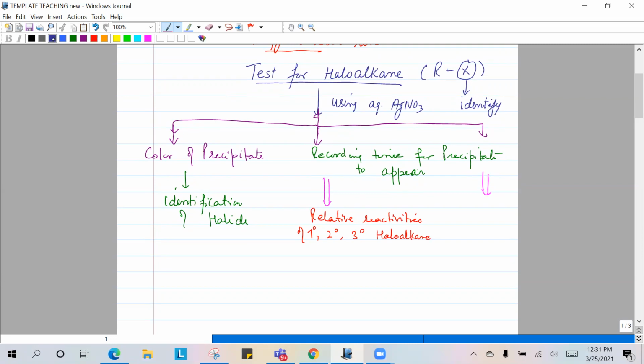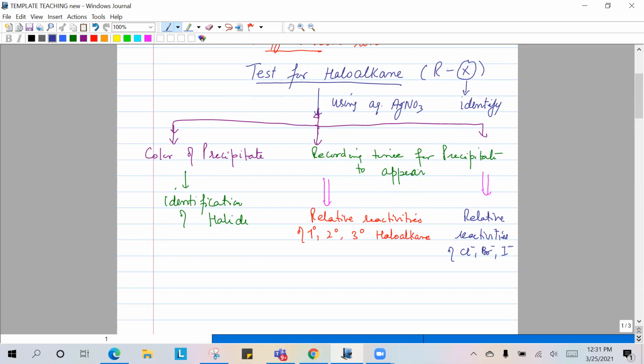The other thing is you can also figure out the relative reactivities of chloride, bromide, and iodide. That means everything else remains the same, the alkyl part. If the chloride, bromide, or iodide is the only difference between the haloalkanes, then how does the reactivity differ?